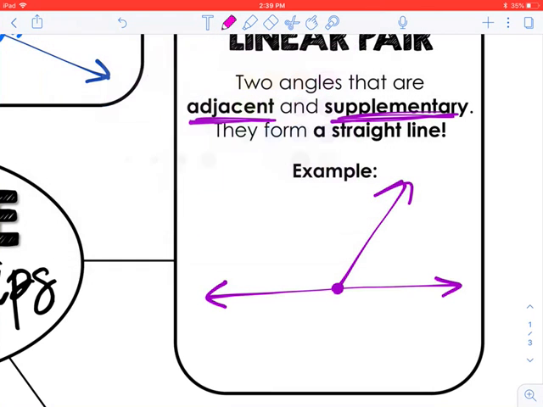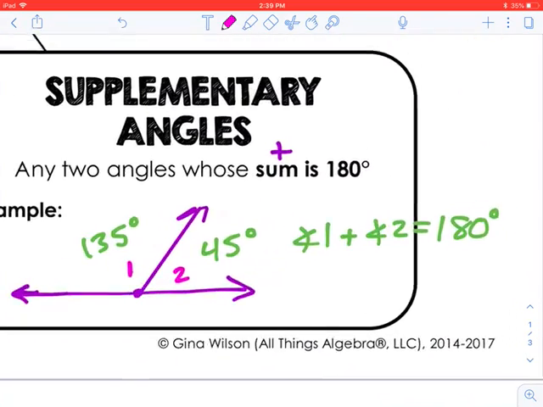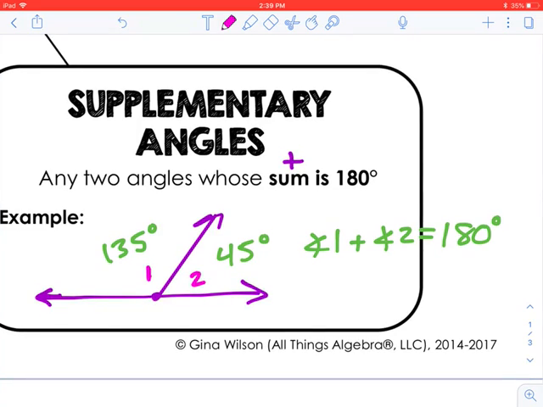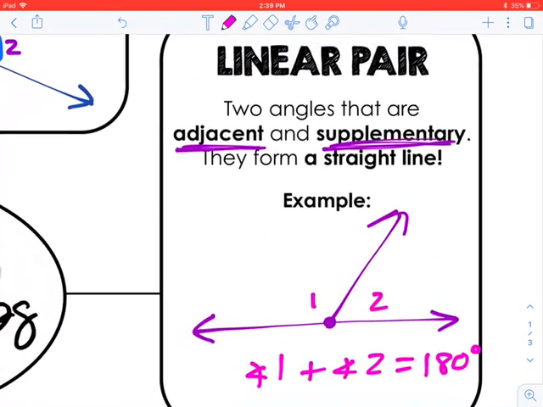And so we have angle 1 here, angle 2 here. And so since they make this straight line, angle 1 plus angle 2 are equal to 180. So these go together, but supplementary doesn't have to be next to each other. Okay? Linear pair does.